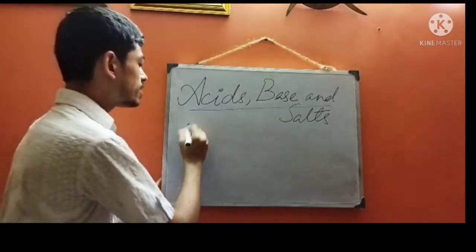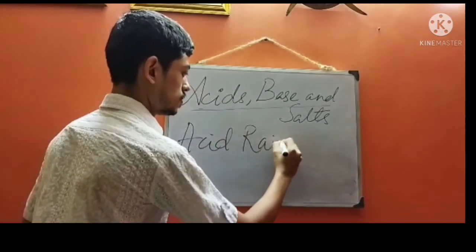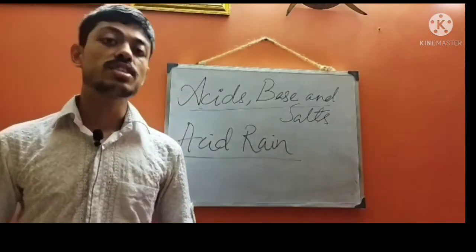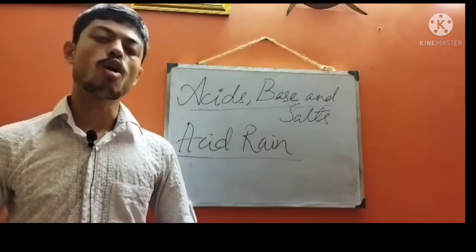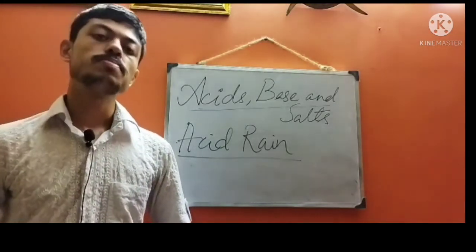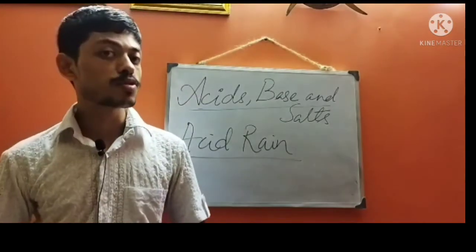Now, what is acid rain? Acid rain is that rain which contains excess amount of acids. From where does this acid come?